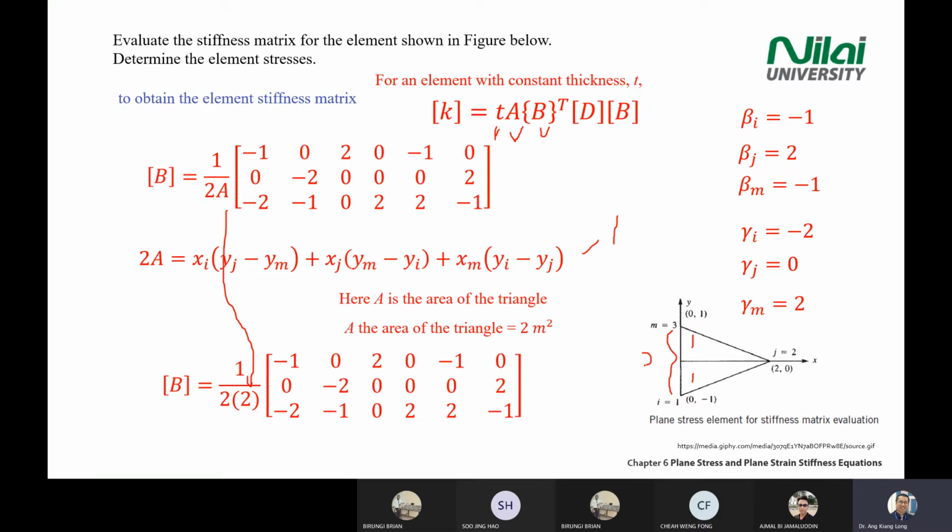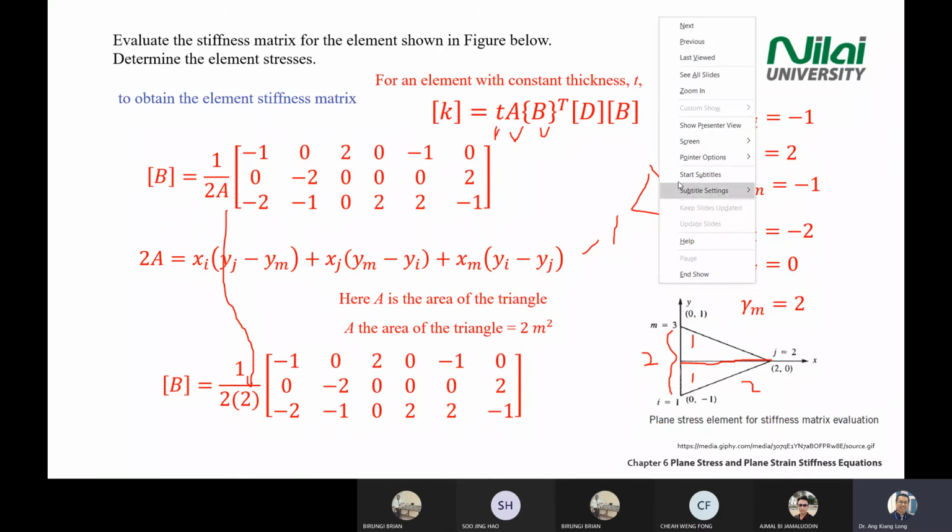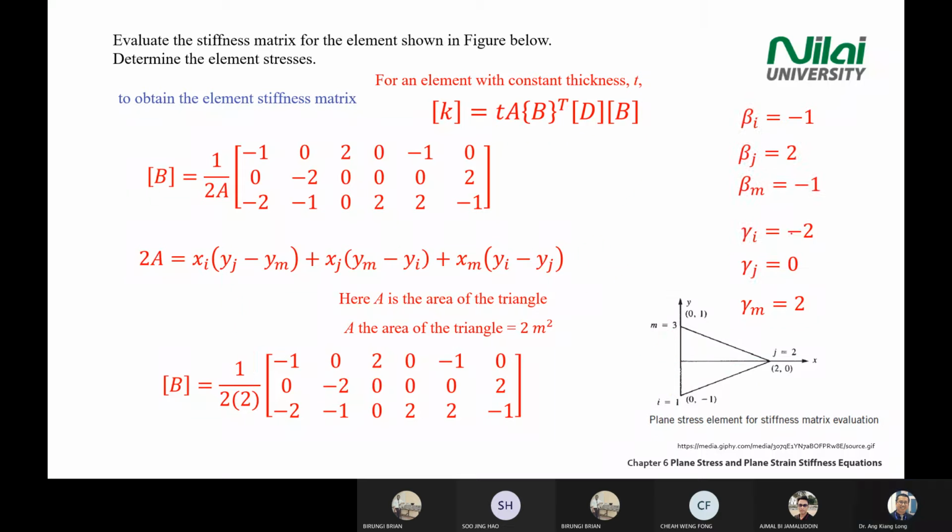So you have 2. The height from here to here is 2. So base times height divided by 2, you get 2. Okay, this is the area of a triangle. If you have a normal triangle, fine, but if you have an irregular shape, then you need to use this equation.